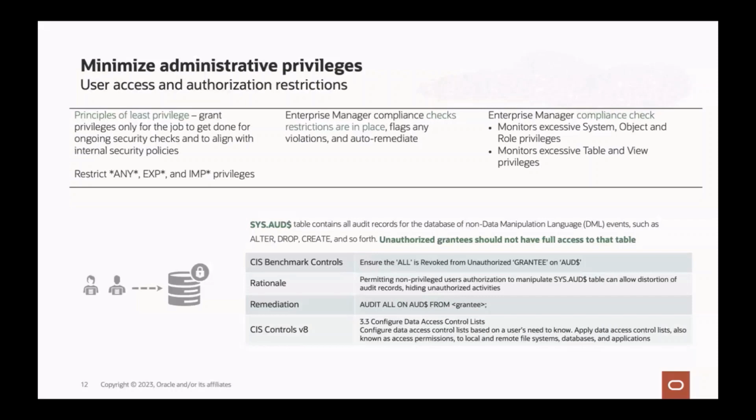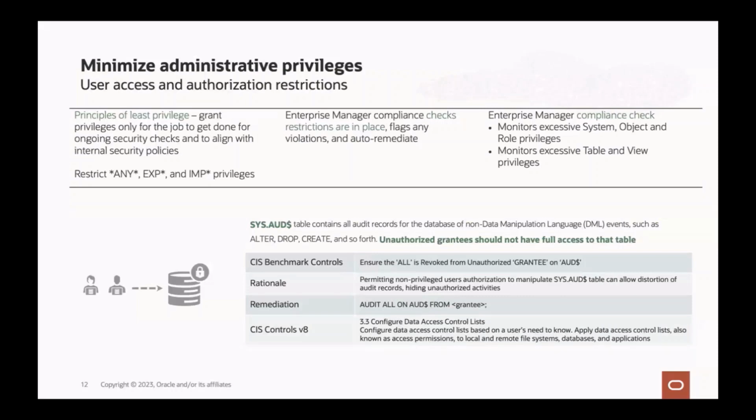Unauthorized grantees should not have full access to the sys.aud$ table. Providing authorization for non-privileged users to manipulate this table will potentially lead to that user modifying the audit records and/or hiding unauthorized access. The benchmark provides the precise SQL statement, as shown, and remediation to restrict access to this table.